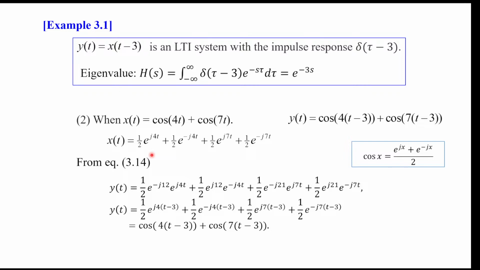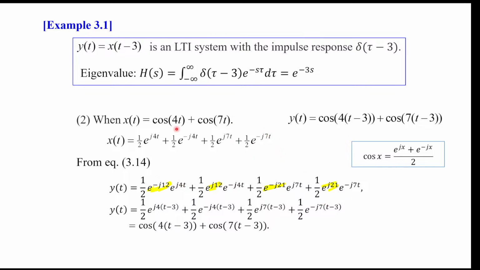Here s equals j4, and e to the minus 3s equals e to the minus j12. Let's highlight all the H parts. Every term gets multiplied by H of s. The first term has s equal to j4, the second term has s equal to minus j4, this has s equal to j7, and this has s equal to minus j7.